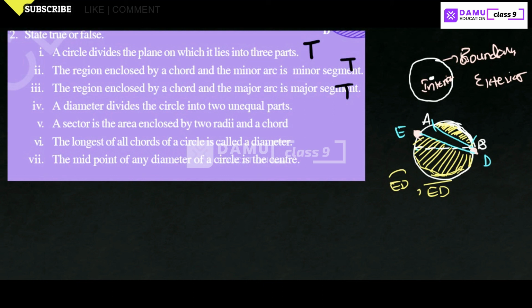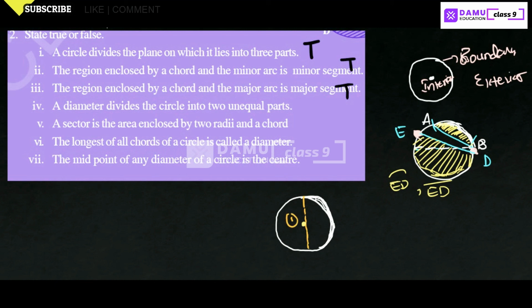A diameter divides the circle into two unequal parts. So that is telling that a diameter gives two unequal parts. So draw one circle like this. Next, locate the center. This is the center. Then what they are asking is, draw the diameter.